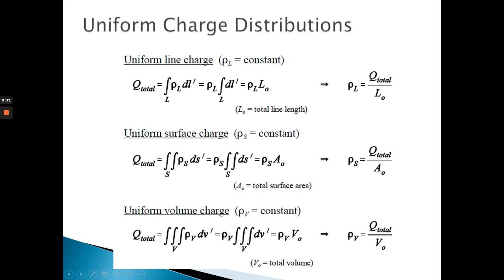To calculate a line charge, you integrate once. So we get rho L, and this is our total Q. So Q is the total charge, equal to length multiplied by the charge density.